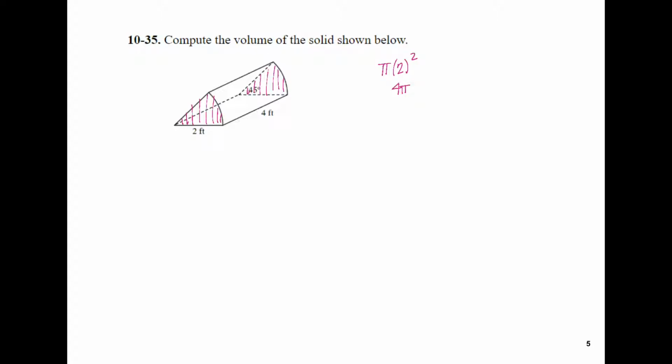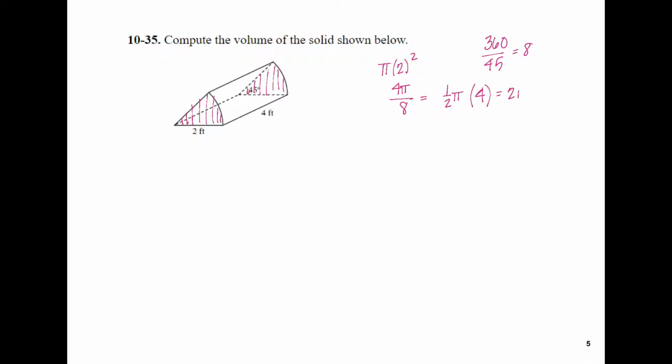If we're talking about a 45-degree angle, we take 360. We divide 360 by 45. So we know that equals 8. So if we take our area, divide that by 8, we get 1/2 pi. We then want to multiply that by our height of 4.